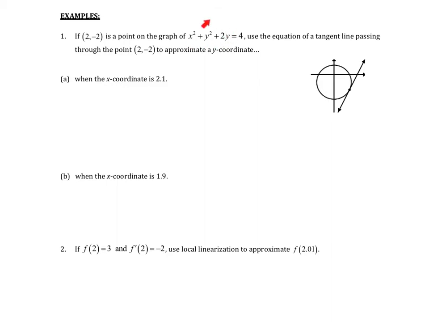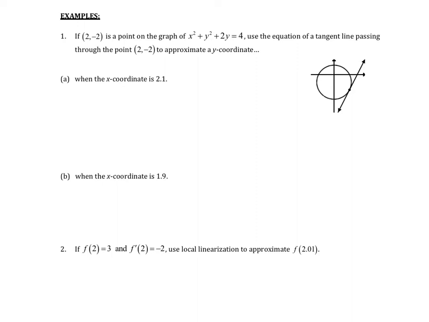We know that this happens to be a circle whose y value has been shifted down, so it's not centered at the origin. The x value is at the origin, the y value is down. And the point (2, negative 2) is on the graph, and we're going to use the tangent line passing through that point to approximate a y coordinate.